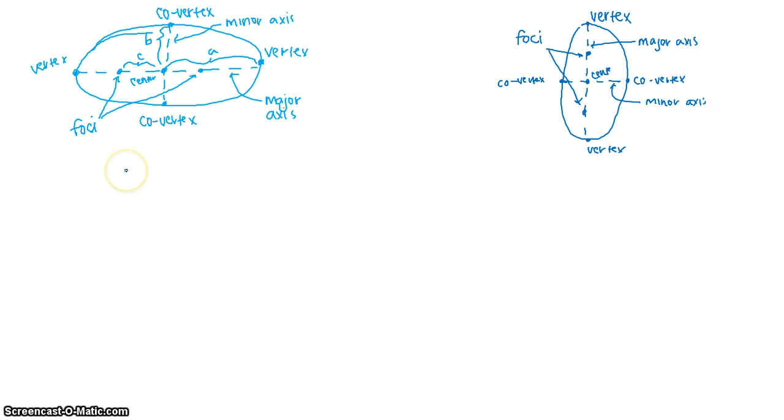I'm back on my horizontal ellipse. With both of them, the center, just like the vertex for my parabola, is (h, k). Your major axis has a length of 2a. Your minor axis has a length of 2b, which makes sense: if the distance from the center to the vertex is a, my major axis would be both of those, so that's 2a.